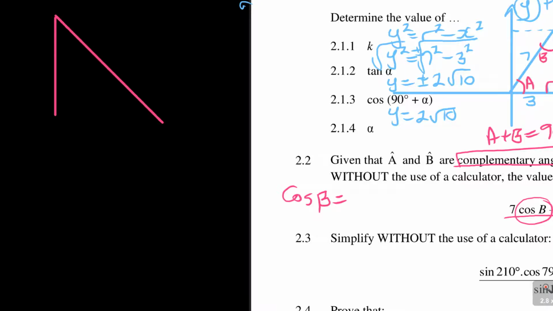I just want to show you something quick that will sometimes assist you. If I've got 5 with Pythagoras theorem, this is 4, this is 3, and then I've got this angle theta.